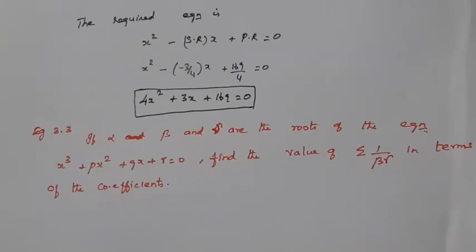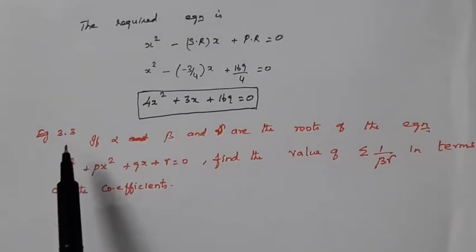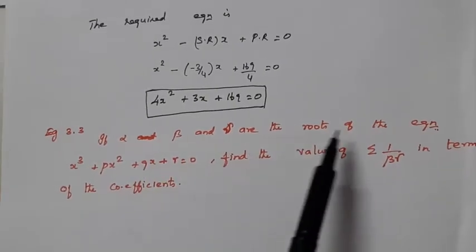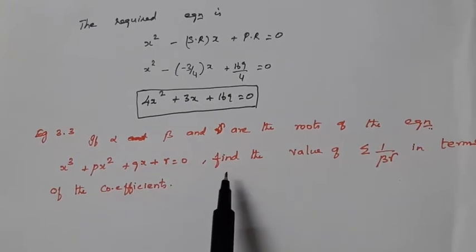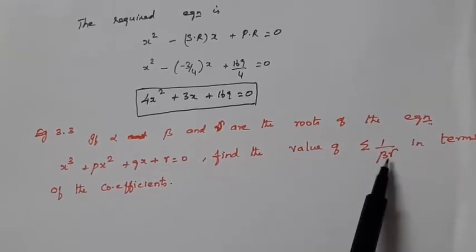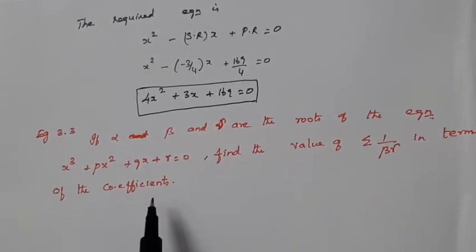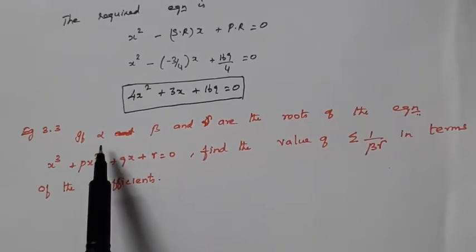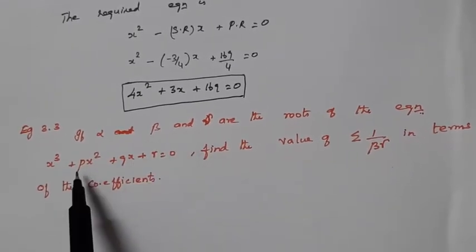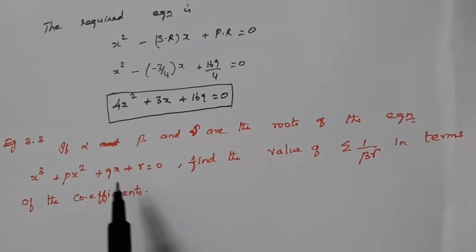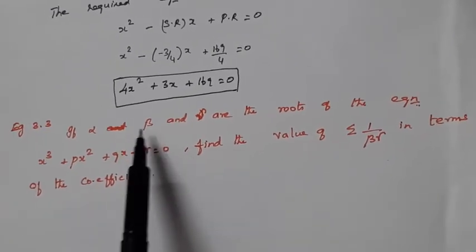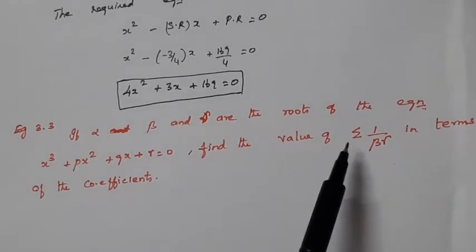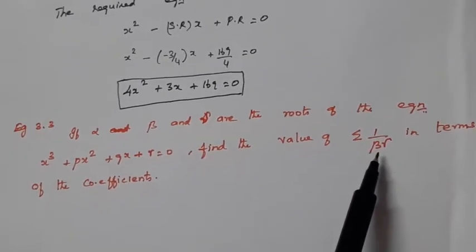Okay. Next, example 3.3. If alpha, beta and gamma are the roots of the equation x cube plus px squared plus qx plus r equal to 0, find the value of sigma 1 by beta gamma in terms of the coefficients. So here, given that alpha, beta, gamma are the roots of a cubic equation, you are not asked to construct any equation using these roots, but you have to find the value of sigma 1 by beta gamma.